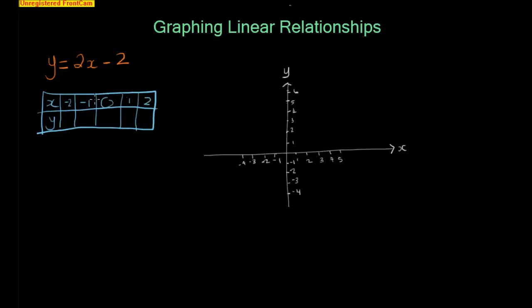So from -2 to 2 again, makes it a nice graph. So we're going to sub in our x values into our rule.